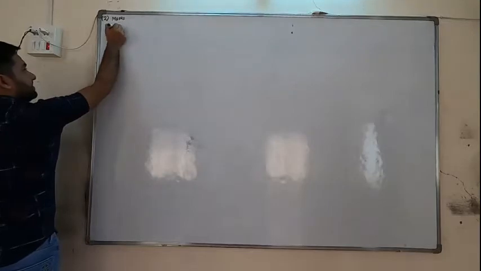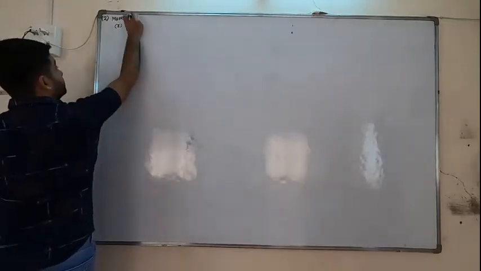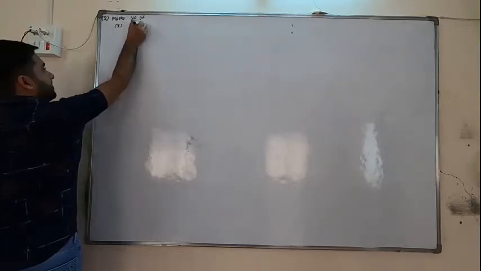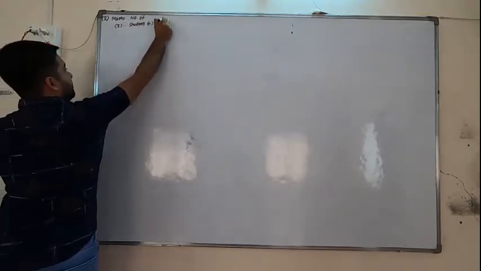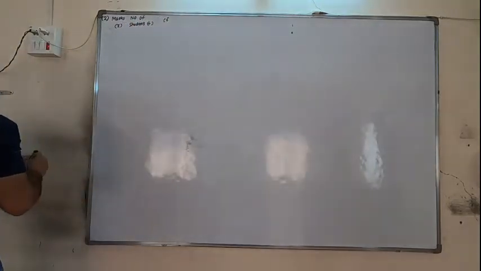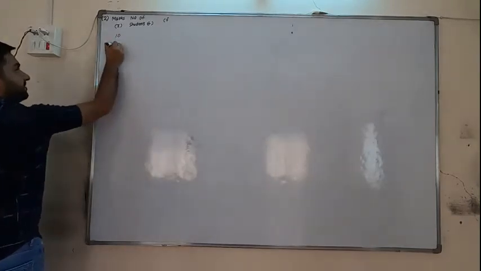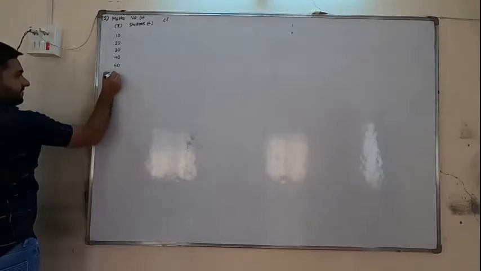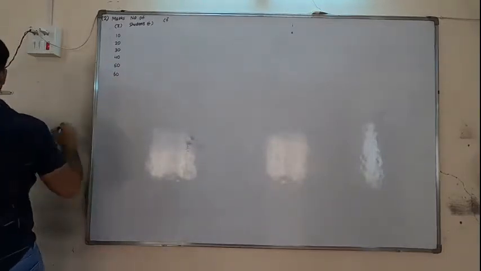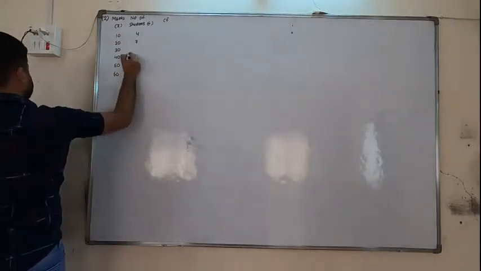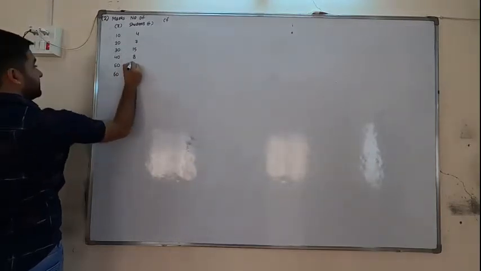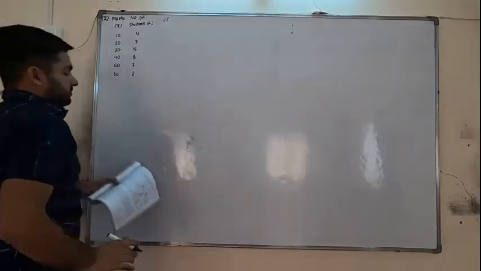So marks is column X, number of students is column F, and we need CF. Marks: 10, 20, 30, 40, 50, 60. Frequencies: 4, 7, 15, 8, 7, 2.